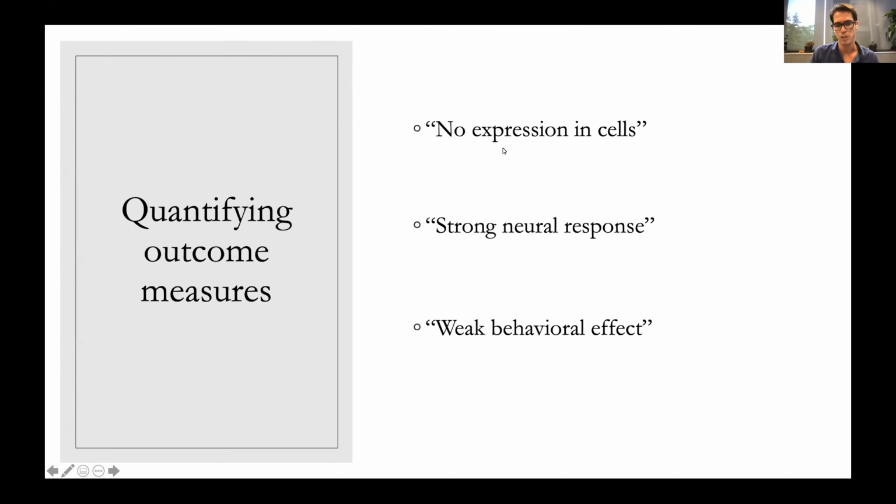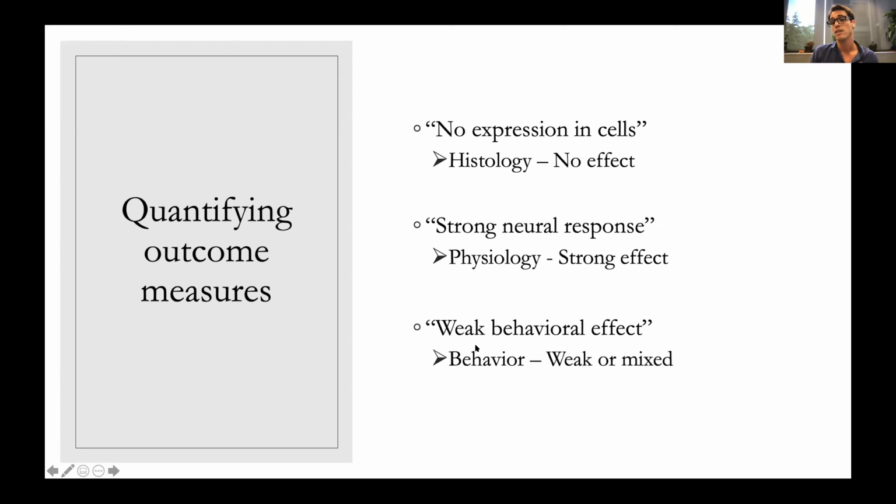And so I classified these comments into 3 main outcome measures: either histology, the analysis of postmortem tissue, or in vivo tissue using fluorescence imaging; the physiology, so did the neuron respond to light stimulation, for example; and then behavioral effects.